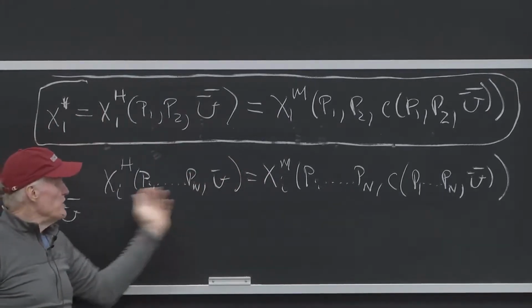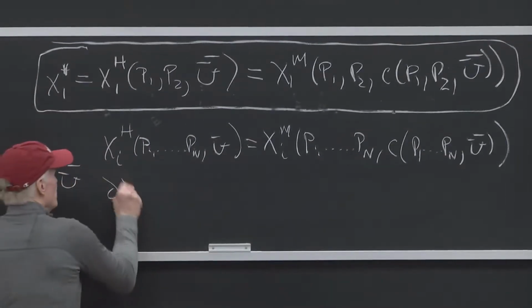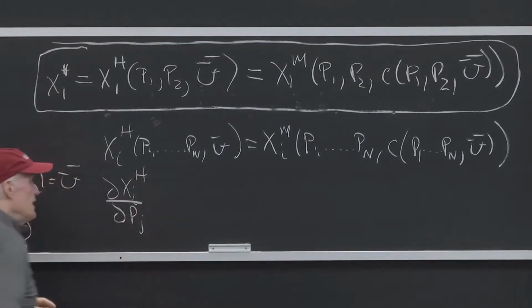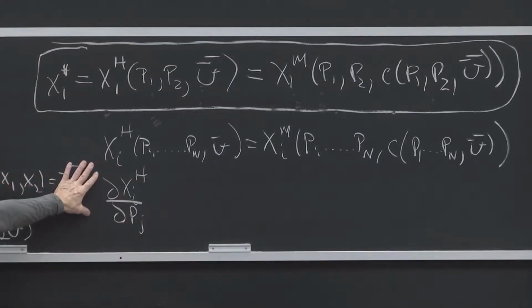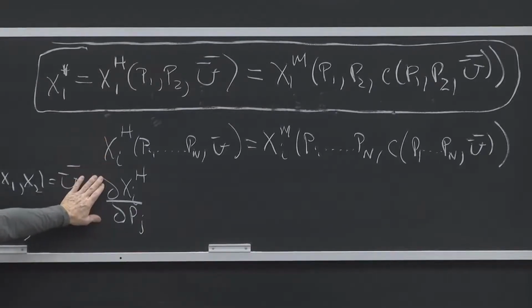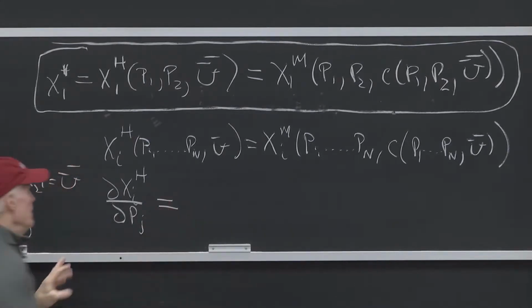So now if I take the derivative of both sides with respect to a price, I'm going to get partial xih partial pj on this side, because this is just the Hicksian demand curve, so the partial derivatives of that are just the partial derivatives of the Hicksian demand curve, is equal to what?